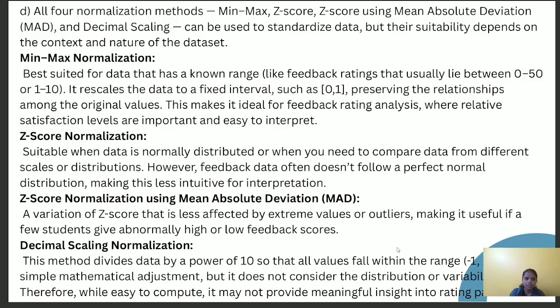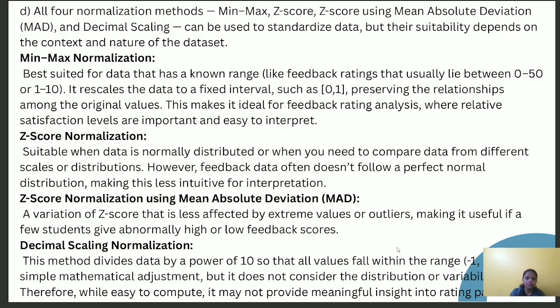Next, the z-score normalization using mean absolute deviation is a variation of z-score that is less affected by extreme values or outliers, making it useful if a few students give abnormally high or low feedback scores. The last one, the decimal scaling normalization, divides the data by a power of 10 so that all values fall within the range of -1 to 1. It is a simple mathematical adjustment, but it does not consider the distribution or the variability of the data.